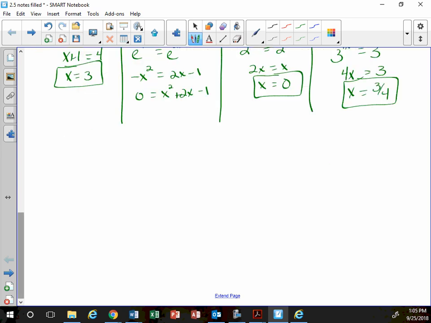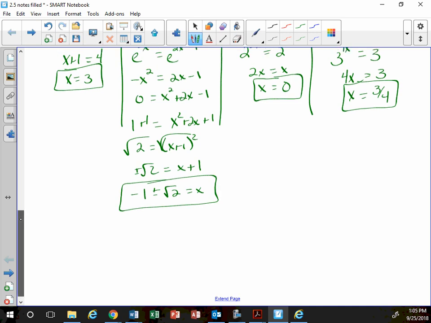If you want to complete the square, move the 1 over. And then I'm adding 1 to both sides. So -1 plus or minus √2. Yes. You okay with that?